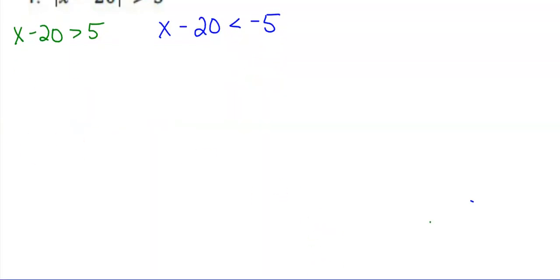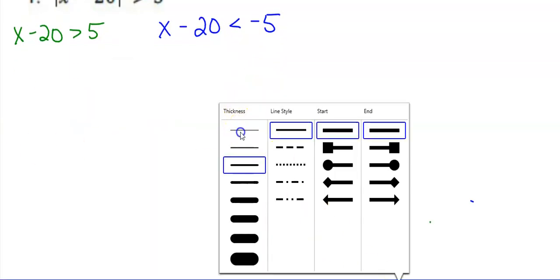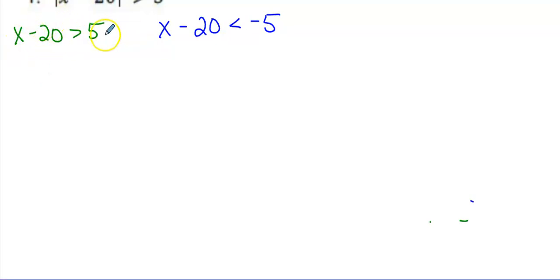Okay, let's go ahead and solve these. Let's see, I'm going to add 20 to both sides. X is greater than 25. Add 20 to both sides again. X is less than 15. So let's see. Again, these are kind of backwards, I guess, as far as the number line is concerned. Let's draw a number line.